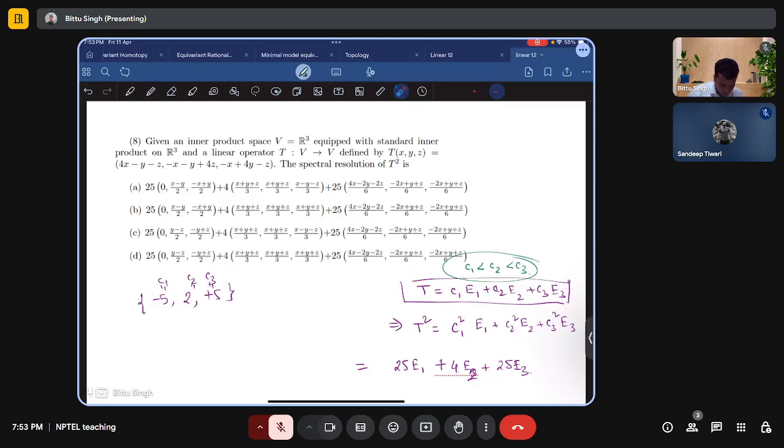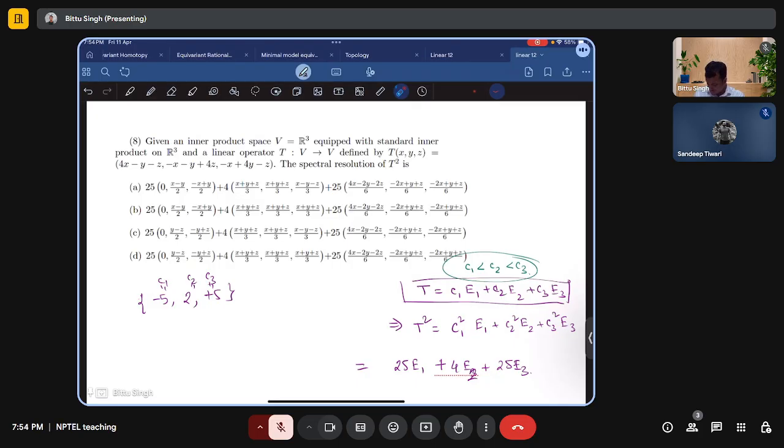Yes, so page number 344, there the definition of resolution is given. So resolution of identity. Sorry, this is not the definition.